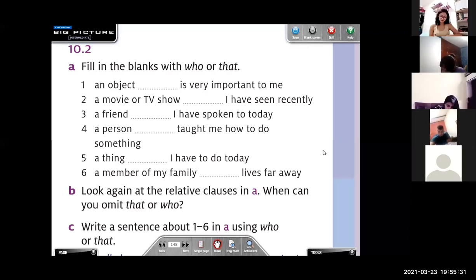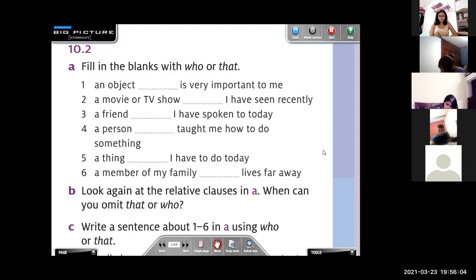Sentence number 1. Please, Sebastián. How do you complete the number 1? Teacher, my internet was failing and I didn't hear what you said. But you didn't ask. When your internet came back, you didn't ask. How do you complete sentence number 1?